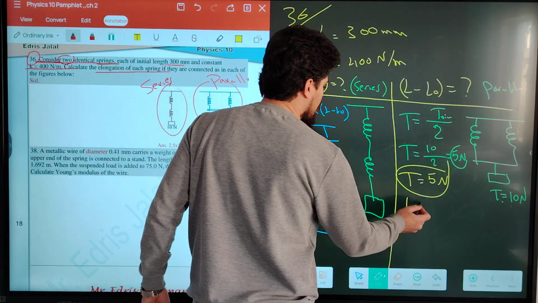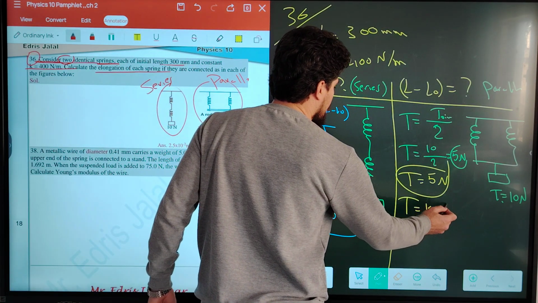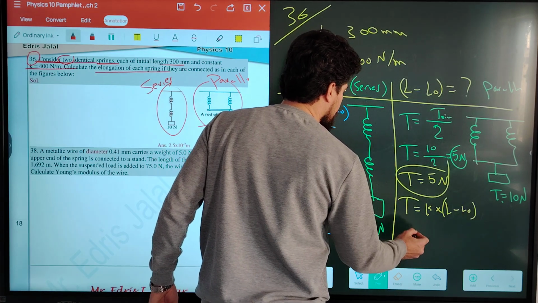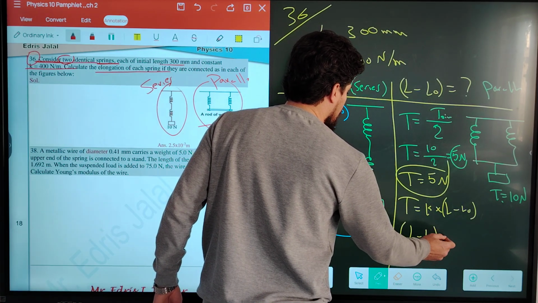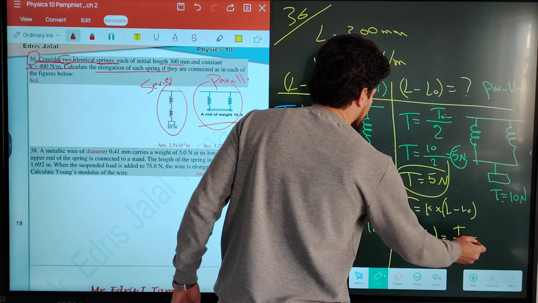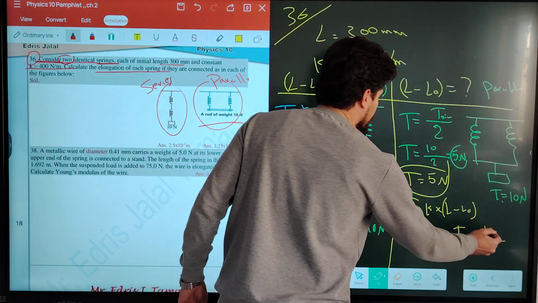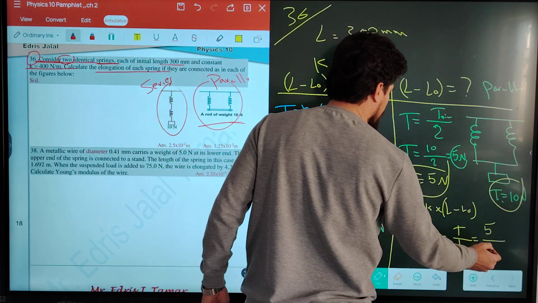Now you can use the equation, T equals K times elongation. Elongation is equal to what? T over K. T is equal to 10 or 5? 5. Don't use this 10, guys, be careful.